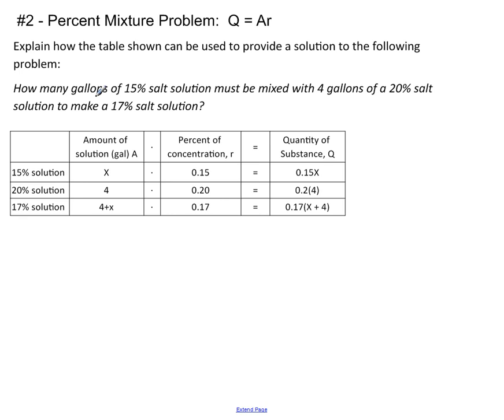All right, so how is this table helping me organize it? Well, just like with the interest problems, we set up our quantities so that in our table we can multiply across. So we're going to multiply across, and then in our amounts column, we want to be able to add down.